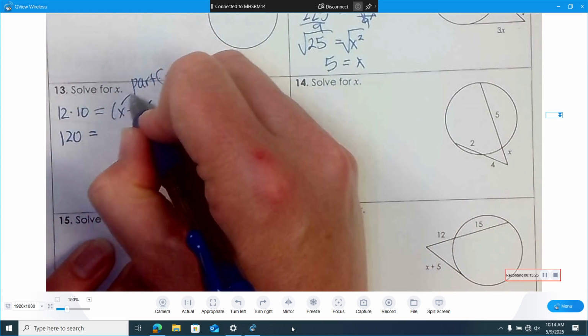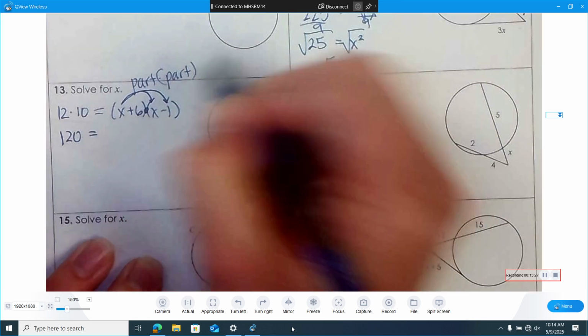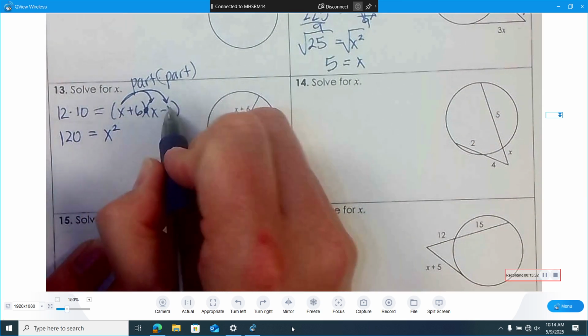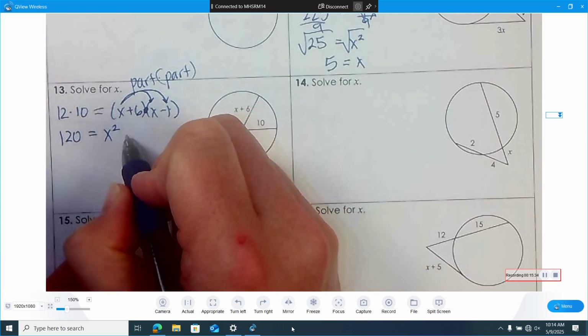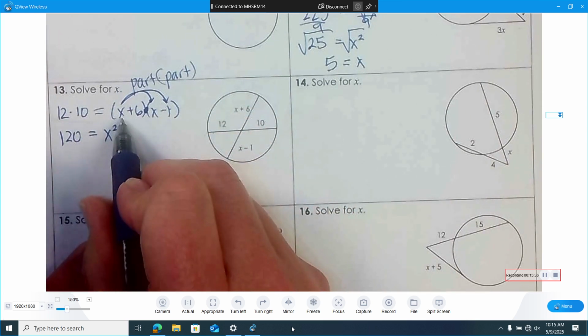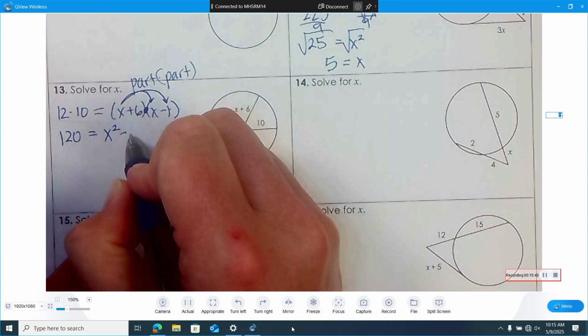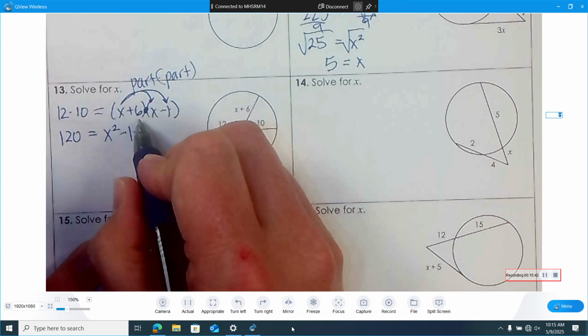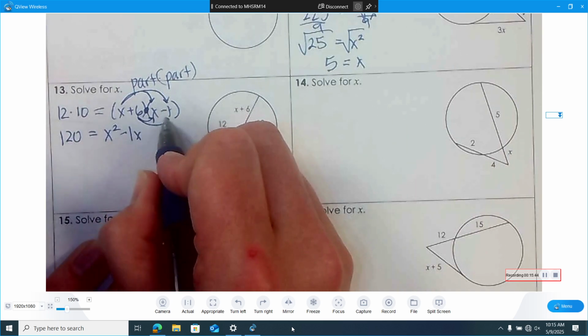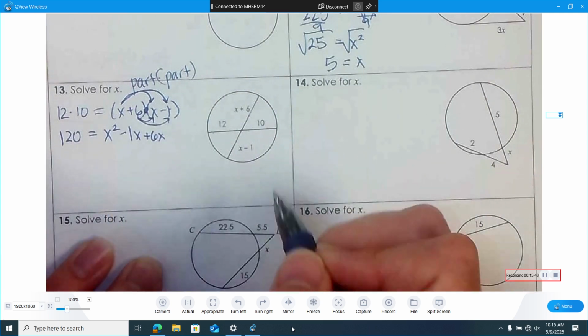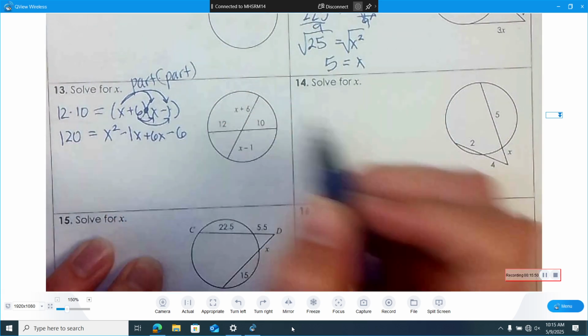I like the word distribute because it's just nice. What is x times x? X squared. What's the outside? Negative x. X times negative 1 is negative 1x. And then we got to do the inside here. Distribute this. Yep. Positive 6x. Good. And then positive 6 times negative 1? Negative 6. Good.